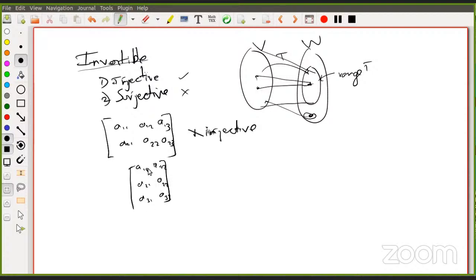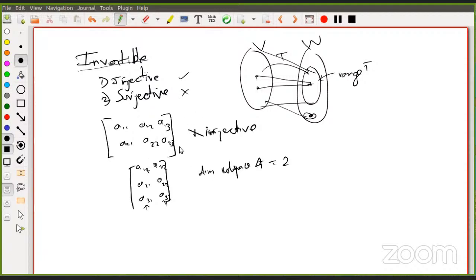The column space is going to have only two linearly independent vectors, so the dimension of the range, the dimension of the column space, equals 2. But according to the fundamental theorem, dim V equals 3. So the dimension of the null space of this matrix will be equal to 1, which is greater than 0. Sorry, that's not what I meant. So range T is not equal to W, which means it's not surjective.